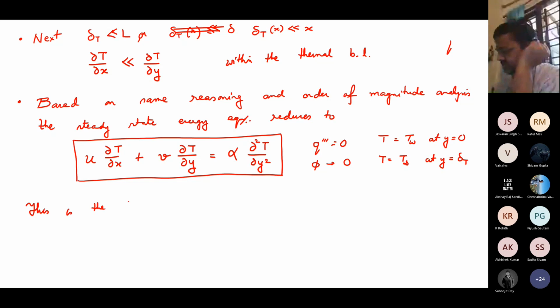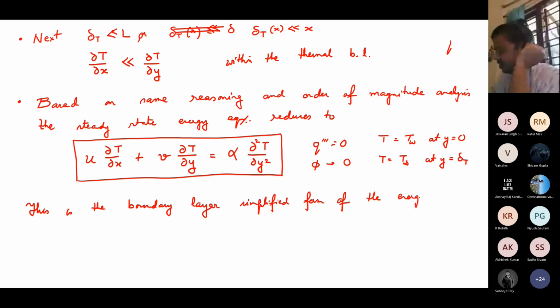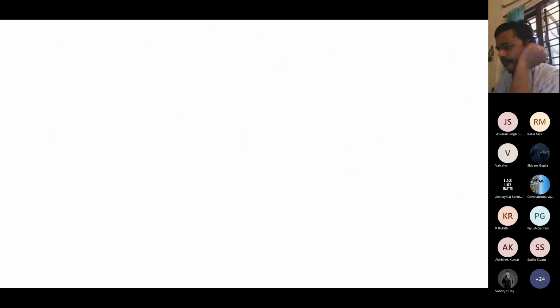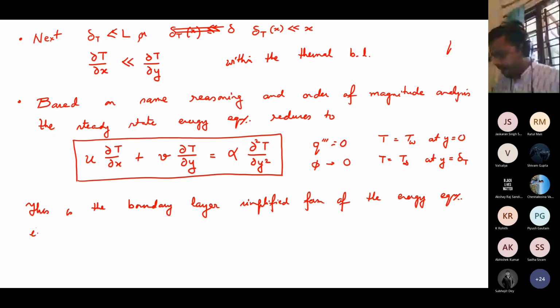This is the boundary layer simplified form of the energy equation. Please remember, this is valid only within the thermal boundary layer, the x delta T layer.